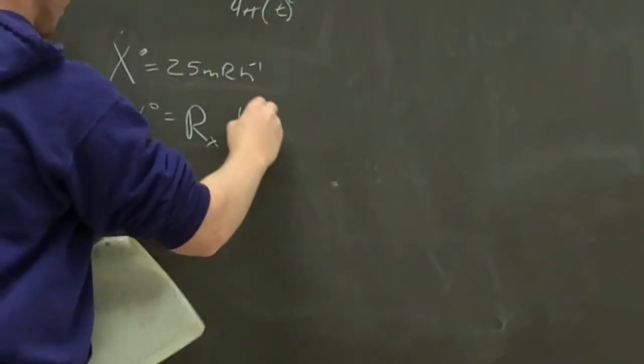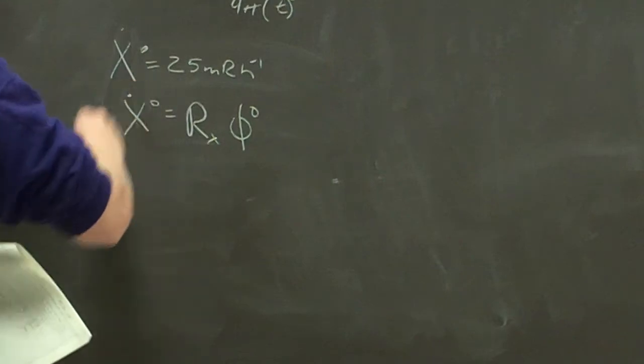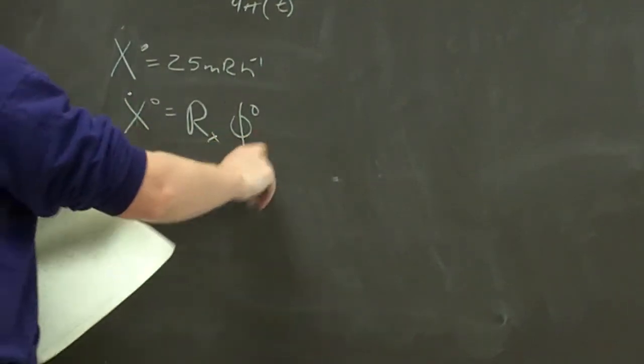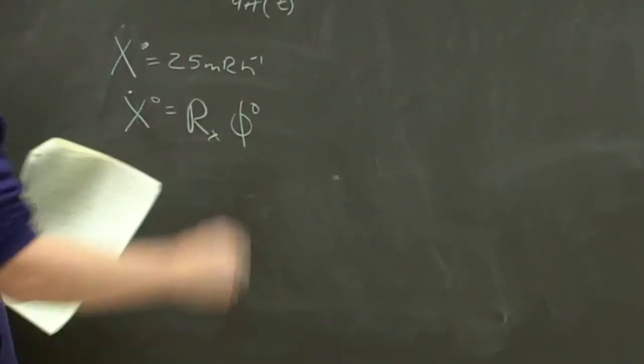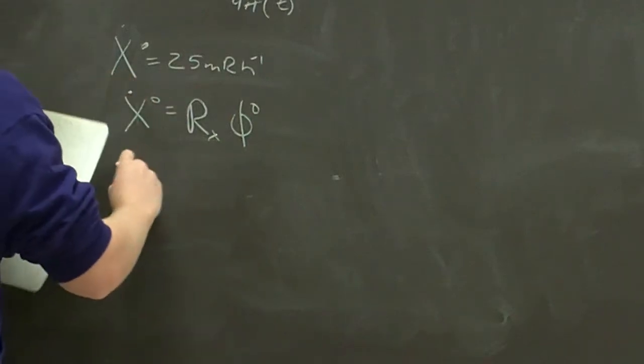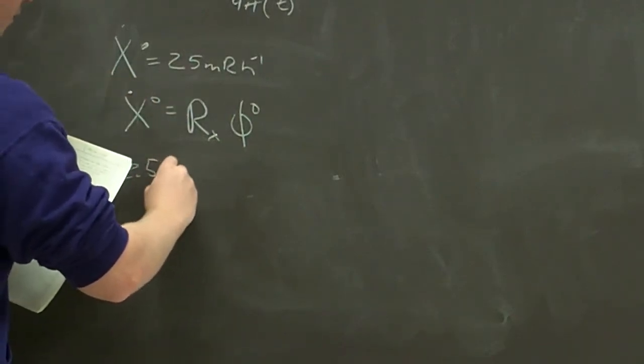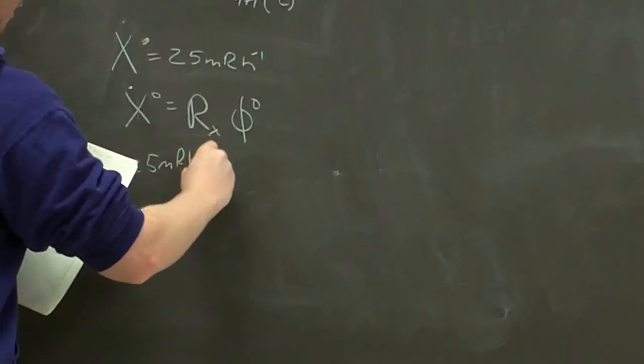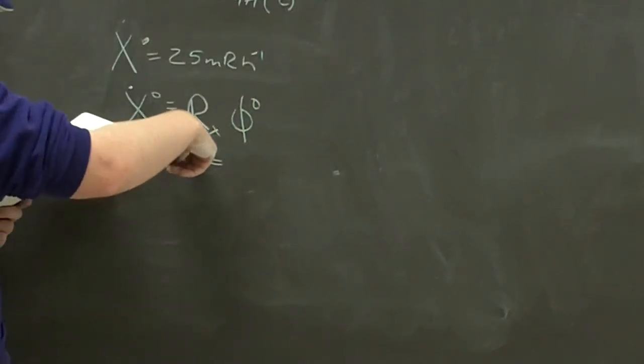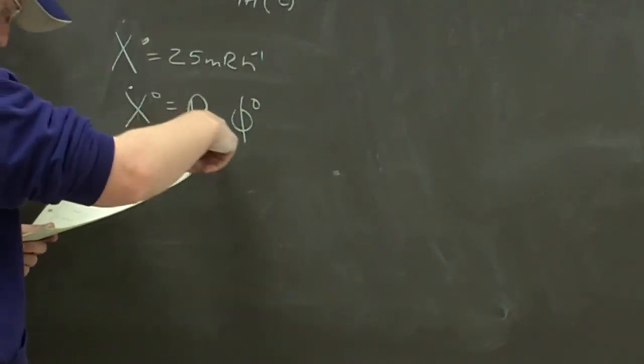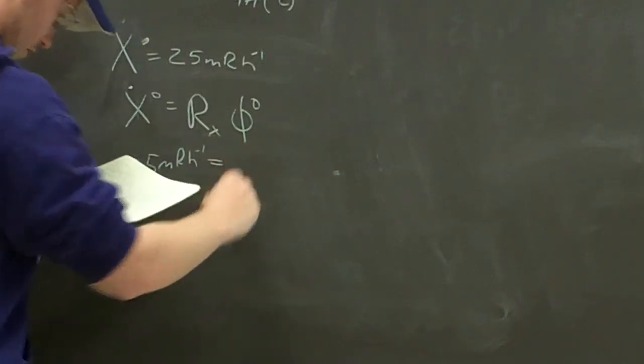Yell at me if I do this wrong. So if we say that 2.5 mR per hour is equal to R times the flux, and what's the exposure conversion for this? I have it written down: 6.944 times 10 to the minus 7.